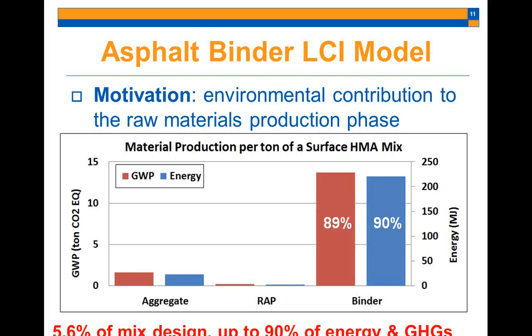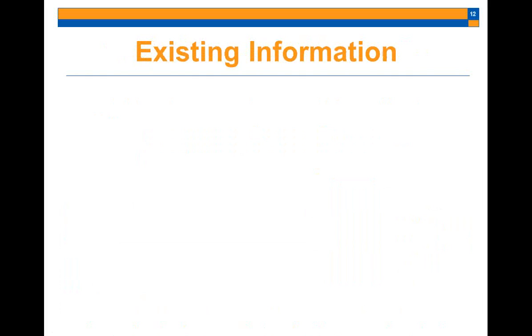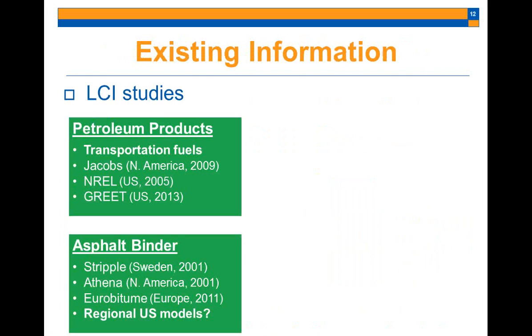So to be able to focus on the key elements, the key processes that will contribute the most to the LCA, is very important when you're limited in time and resources. So some existing information that is already out there for asphalt binder. There are a couple of LCI, life cycle inventory, studies that have been performed.